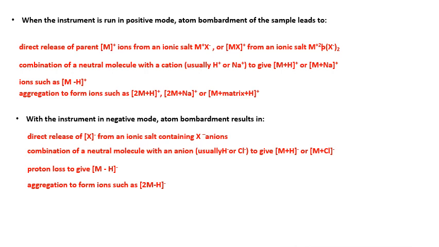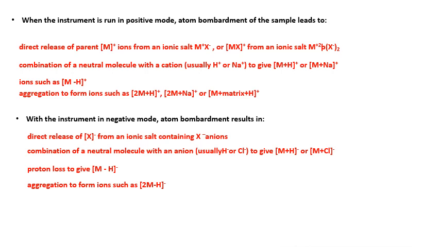Now when the instrument is running in negative mode, atom bombardment results in different kinds of phenomena as shown over here. You can see the combination of a neutral molecule with an anion. In the negative ion mode, a neutral molecule will combine with an anion, let's say Cl- or H-, to give M+H- or M+Cl-.